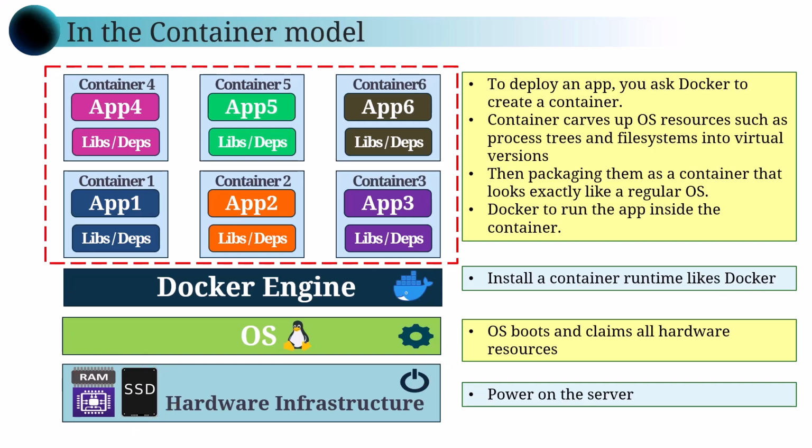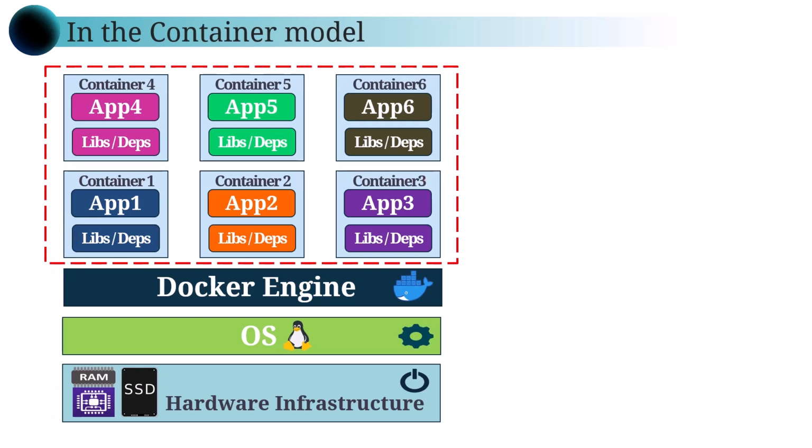The container uses the operating system resources and carves up the process tree and file system, and then packages them as a container which looks exactly like a regular operating system. And then your application runs in that container. You can install multiple containers on a single machine, and they all will share the operating system kernel.